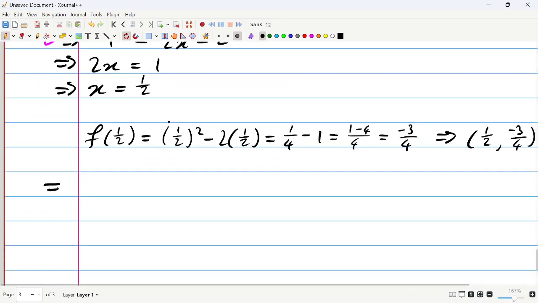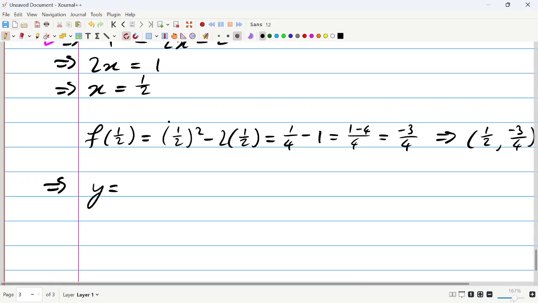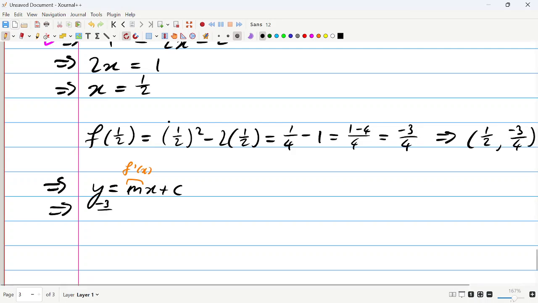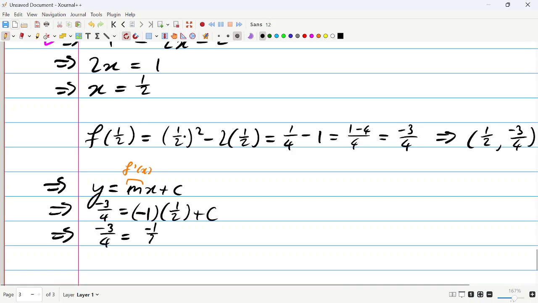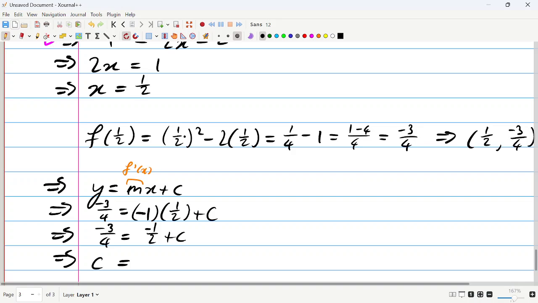So therefore, for our y equals mx plus c, where m is going to be the first derivative at the point, y is equal to -3/4, which is equal to what? What is m equal to? M was found to be equal to -1, times x, which is 1/2, plus c, and we just solve for c, right? -3/4 is equal to -1 times 1/2, which is -1/2, plus c, and then we put c on its own, take -1/2 over as +1/2, and then what are we going to get?